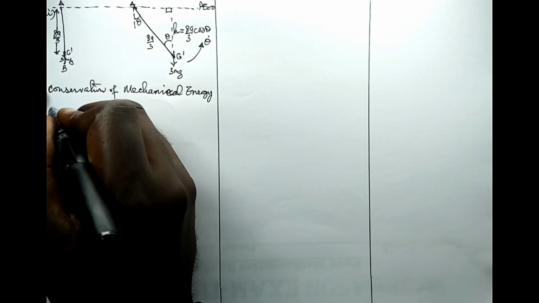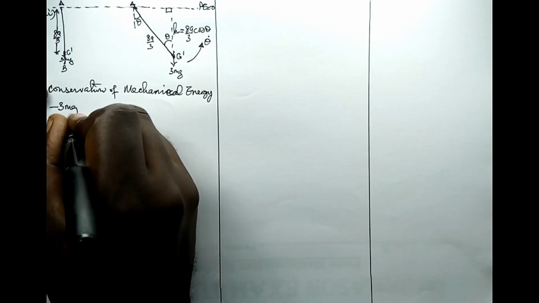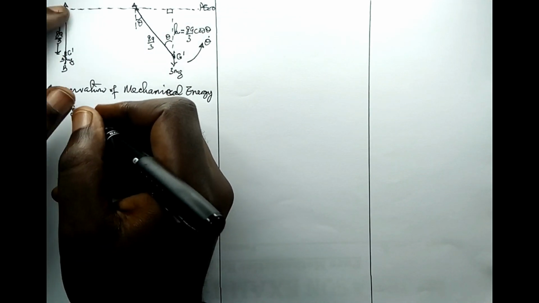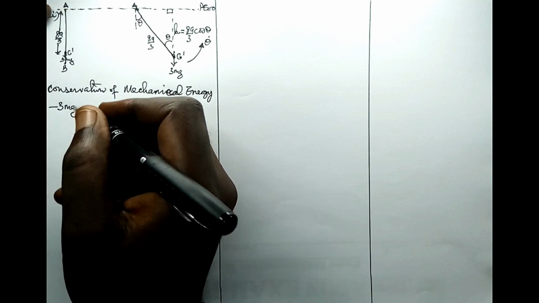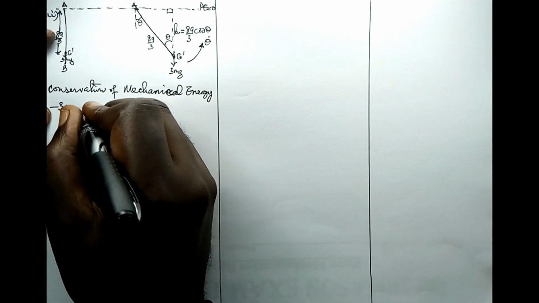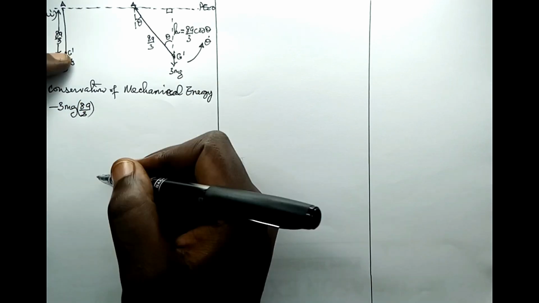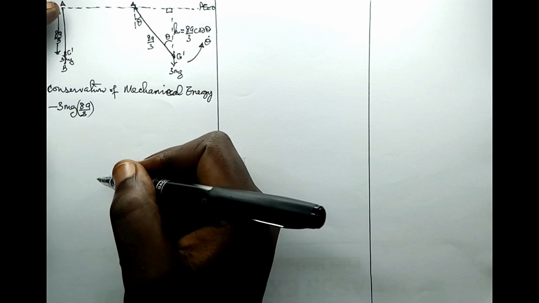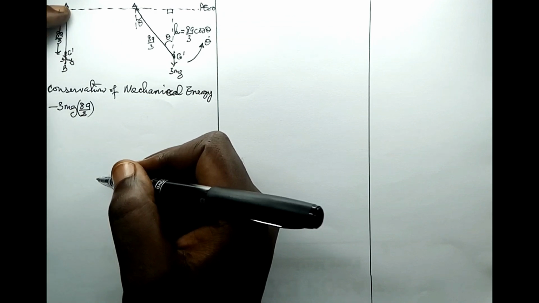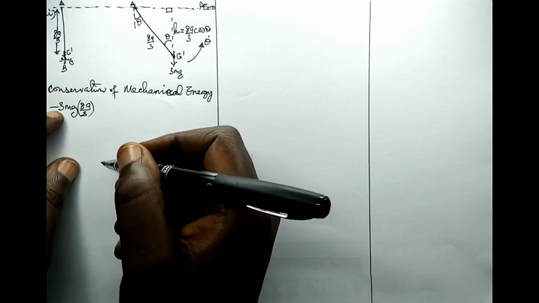Initially, the potential energy is negative 3 mg, that is the weight times the height of the weight from the p equals 0 level, and that height is 8a all over 3. Remember, G prime is below the potential energy equals 0 level. That is why the potential energy is negative.